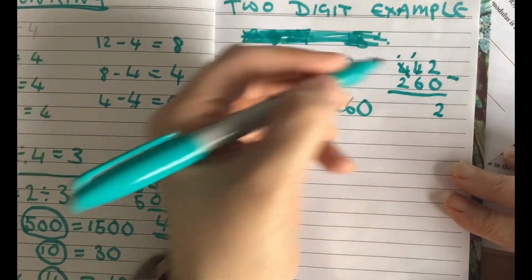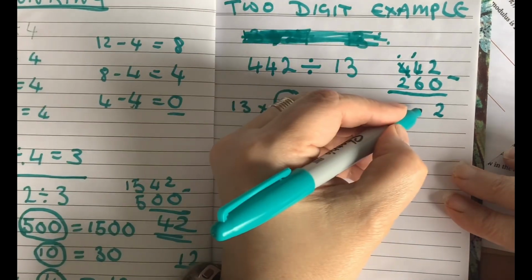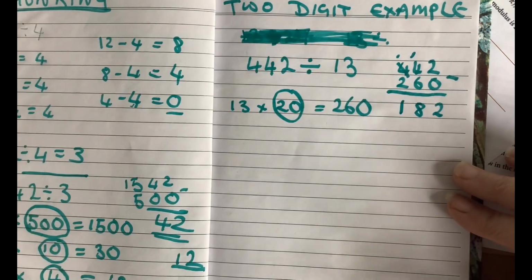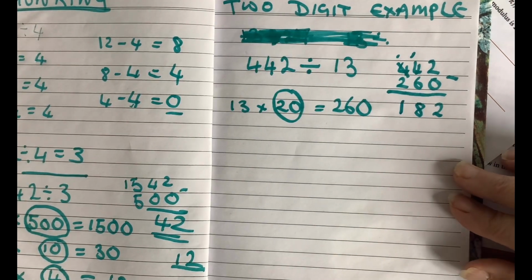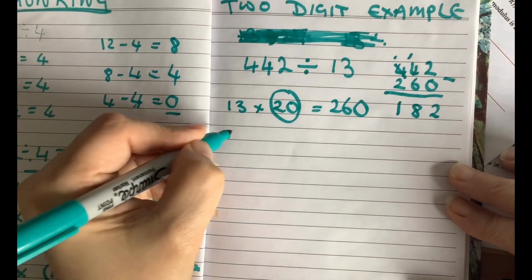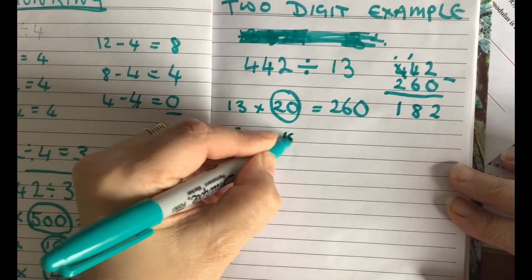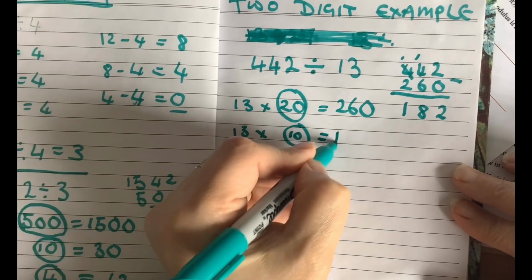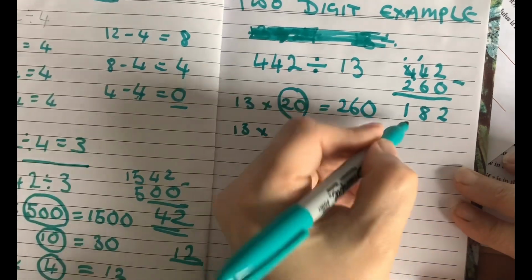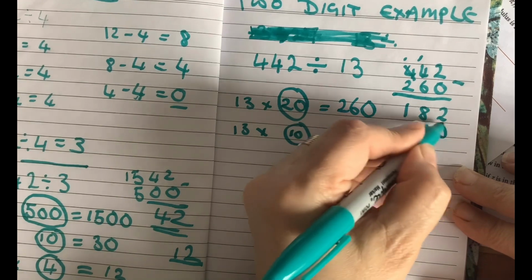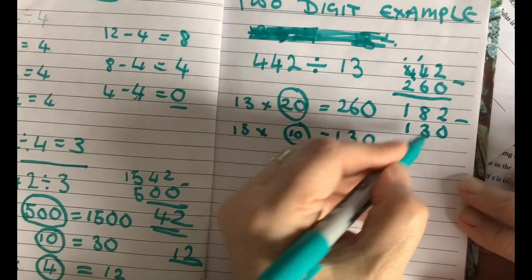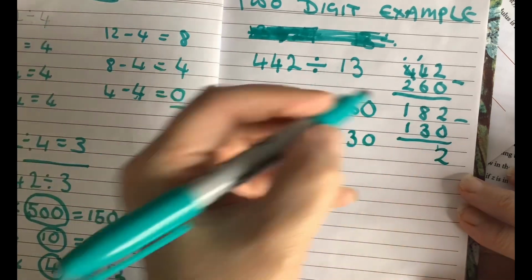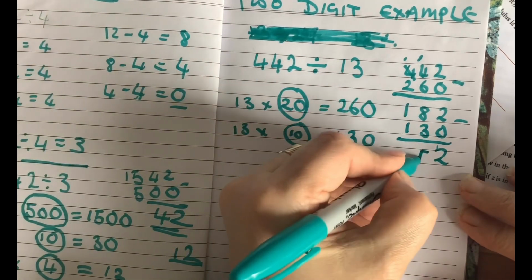14 minus 6, 8. I'm left with 182. And I know that 13 times 10 equals 130. So let's take 130 away from the 182. And what do I get? 2 minus 0 is 2. 8 minus 3 is 5.